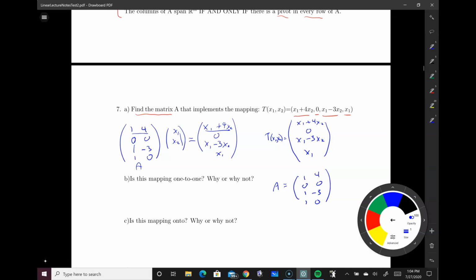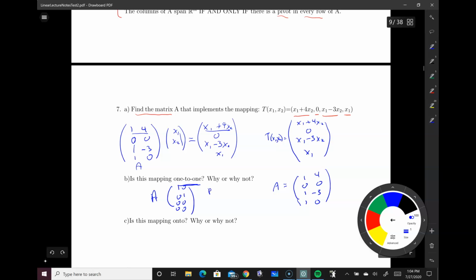I'm looking at this matrix, and I want to determine whether the mapping is one-to-one. So I need to do reduced row echelon on this, and I think I can do this manually. You could put it into your calculator as well, but if I do reduced row echelon on this, I get 1, 0, 0, 1, 0, 0, 0, 0. All right, if it's one-to-one, there has to be a pivot in every column.